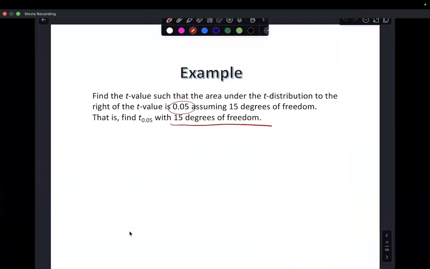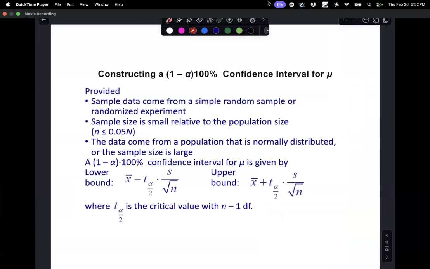Okay. Let's put these t values to work. All right. Confidence interval for mean. So we need to make sure that our sample data is random. They'll just say that it was randomly chosen. Now, if it doesn't say it was random, you're going to have to state that.